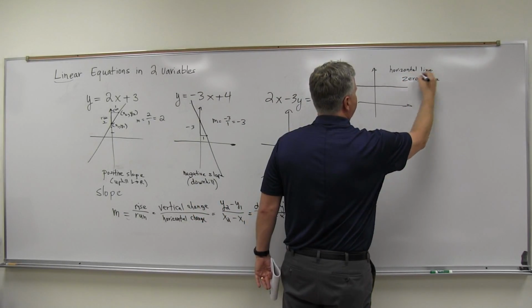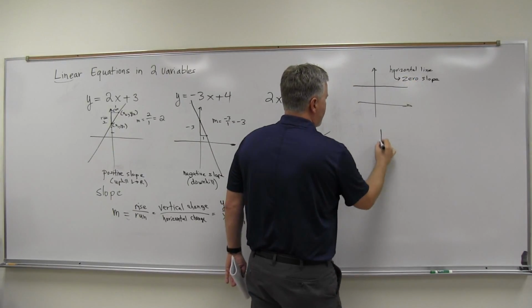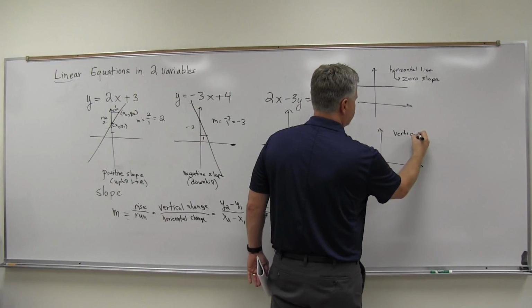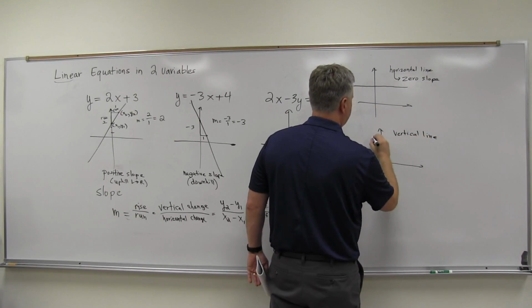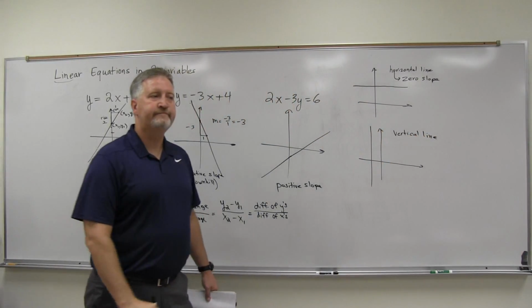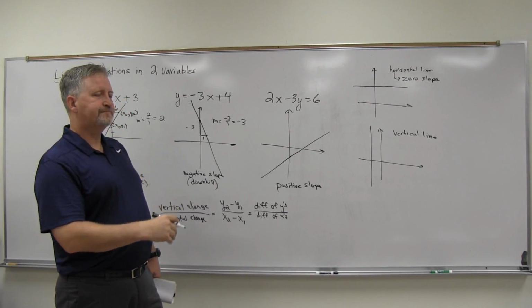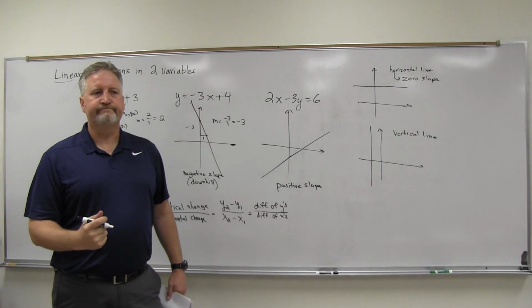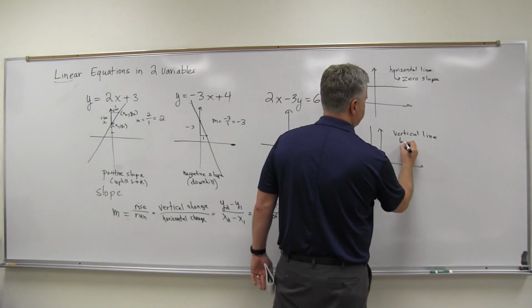So horizontal lines are zero slope, and the other alternative, I guess you might say, is a vertical line, straight up and down. A vertical line has what we call undefined slope.